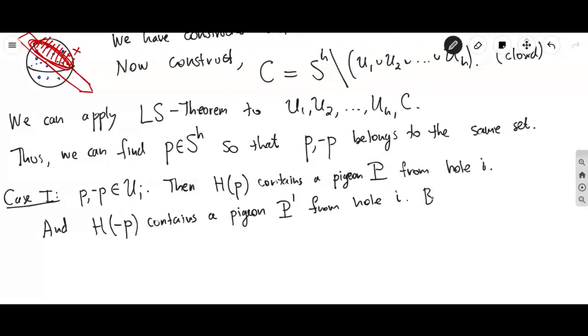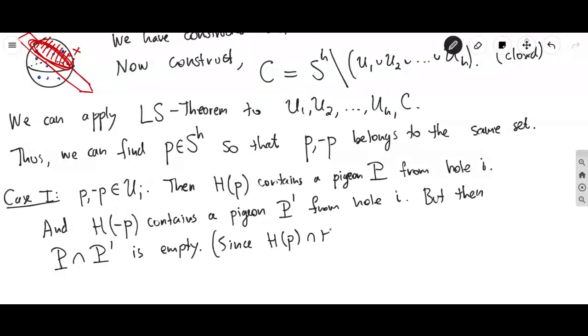But here's the problem. But then P intersect P prime is empty. It's an empty intersection. The reason for this is because these two hemispheres, the hemisphere at P and the hemisphere at minus P, are disjoint, right?